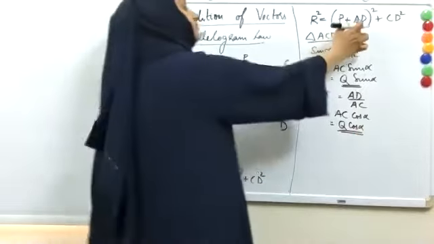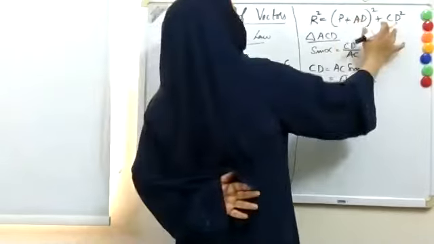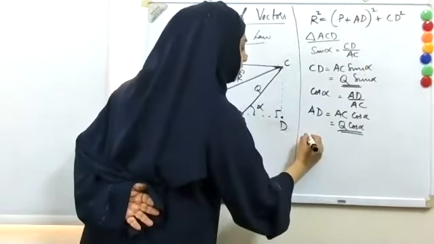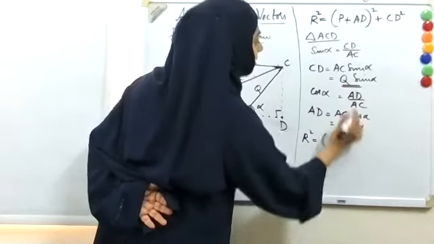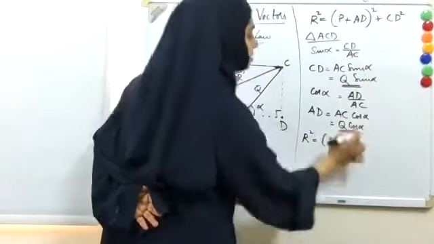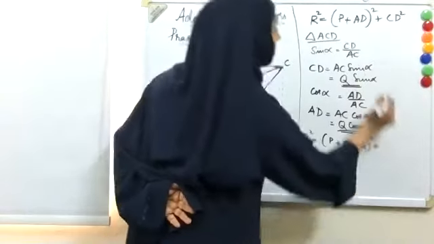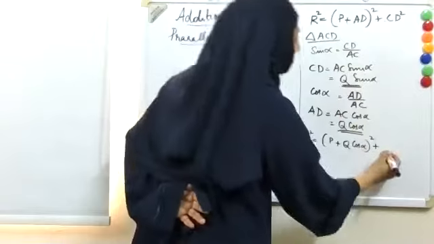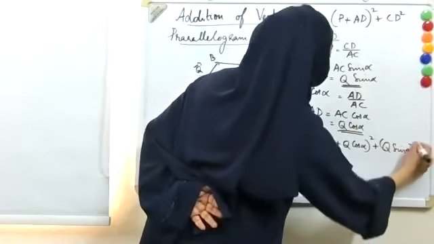So I got expressions for AD and CD. I'll put both in this equation. So I will get R square is equal to P plus AD, which is Q cos alpha, the whole square, plus CD, which is Q sin alpha, so Q sin alpha, the whole square.